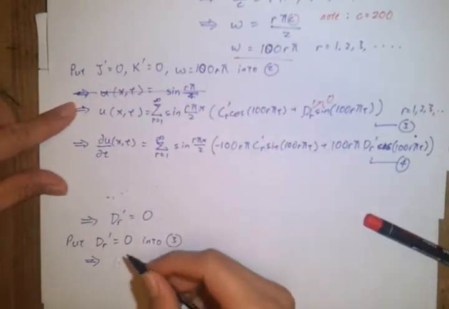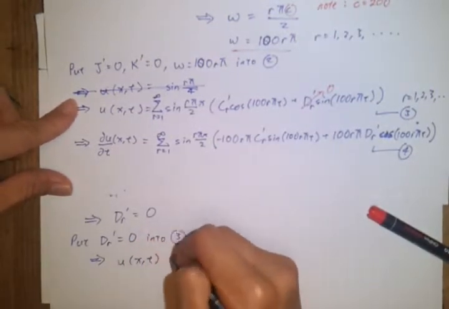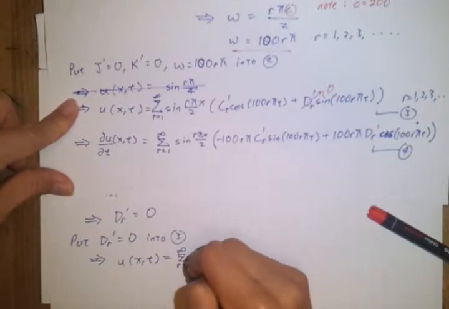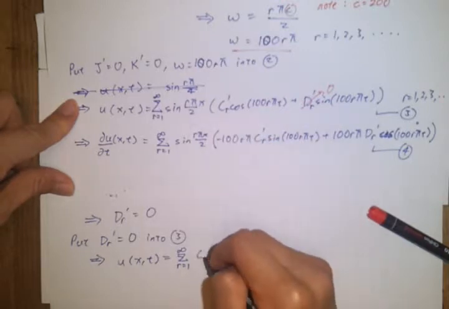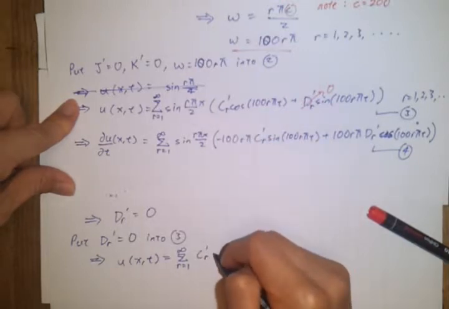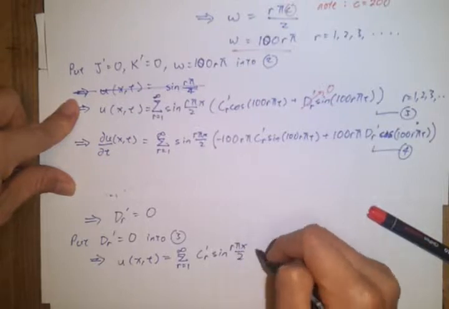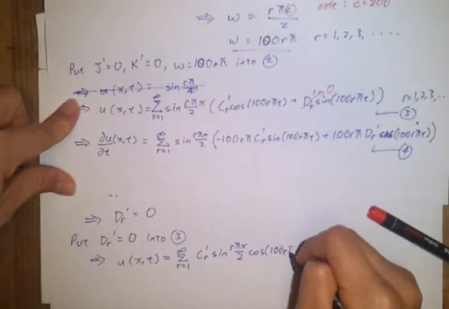So your updated solution is simply the sum of c r prime sine r pi x over 2 cos 100 r pi t.